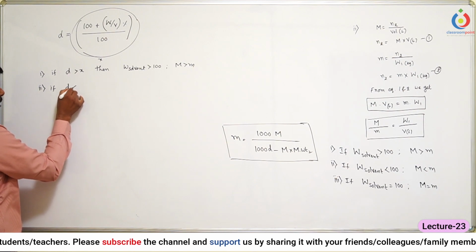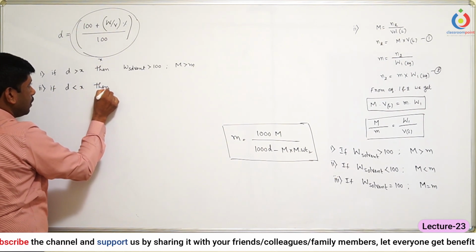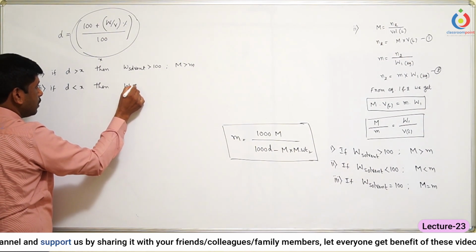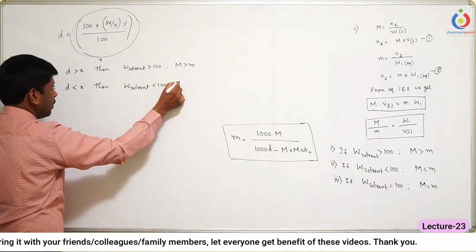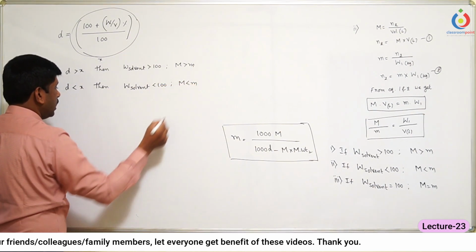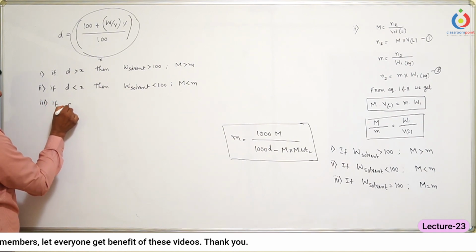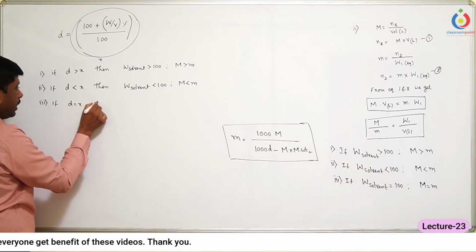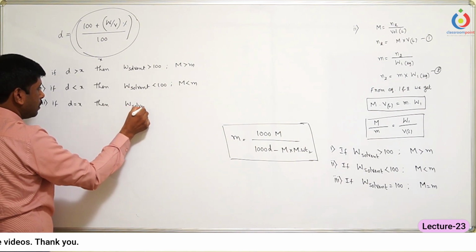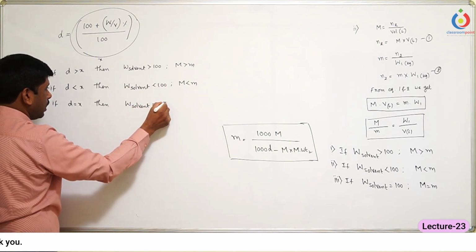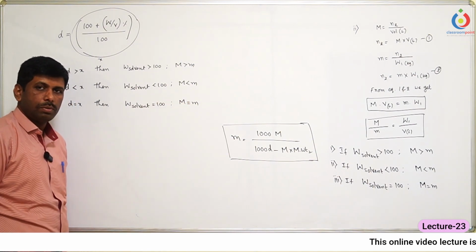If density is less than the X value, then the mass of solvent is less than 100 and molarity is less than molality. If density is equal to X, then the mass of solvent equals 100, then molarity is equal to molality.